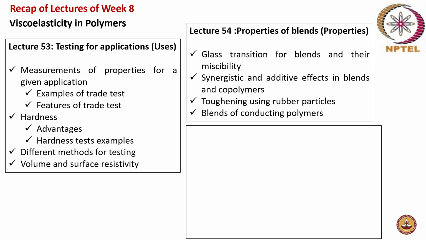Or there can be cases where the final property in a blend form is much higher than the individual polymers' properties. That is the synergistic effect. And there can sometimes be a negative effect also, where when you blend two polymers, the property can actually decrease. So these possibilities were all discussed.